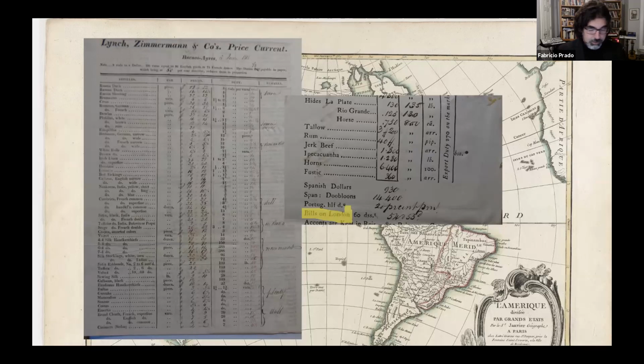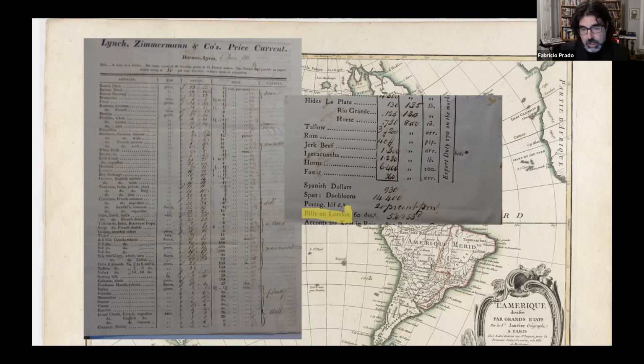So the South American trade is important for the expansion of American global trade, for the growth of American trade with Europe, and also for the development of the American banking system, the accumulation of capital that would also result in the early industrial revolution in New England.